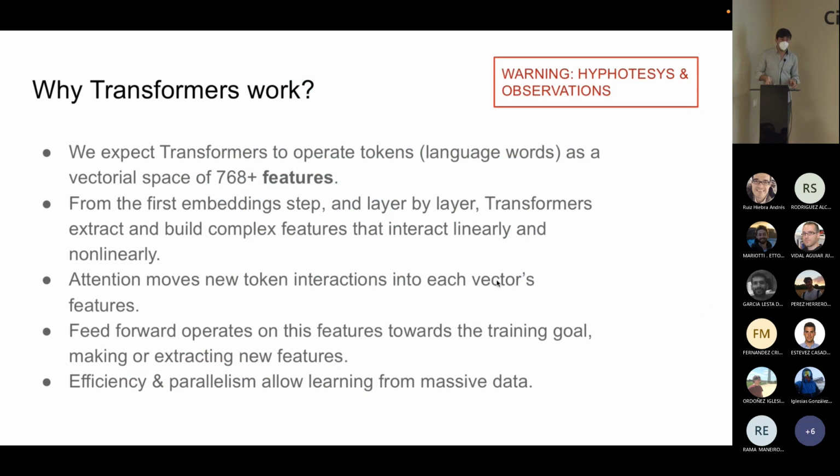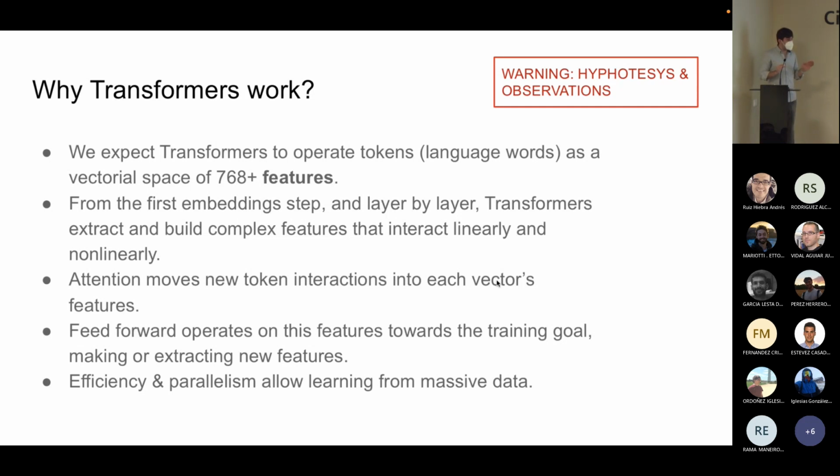So why does it really work? Why is this architecture beating the state of the art in so many tasks? Well, there is a really famous paper. Well, there are some of them, but in particular, one I really like that tries to explain why this is working.